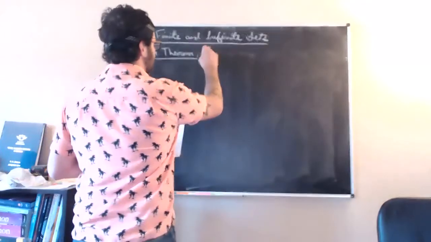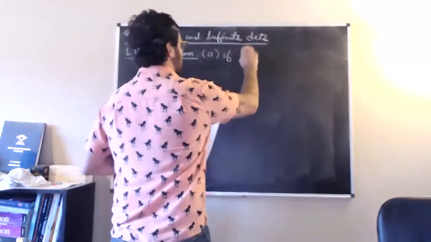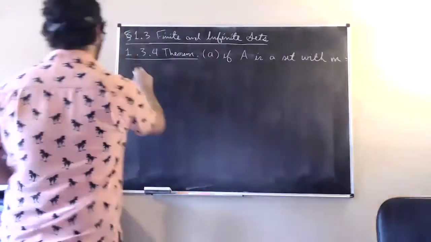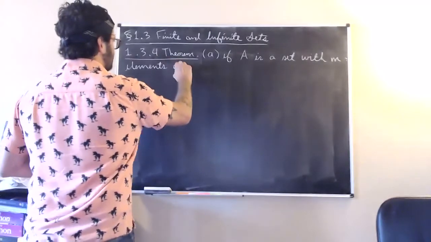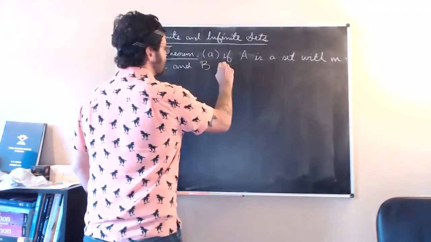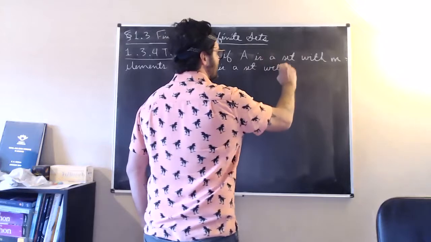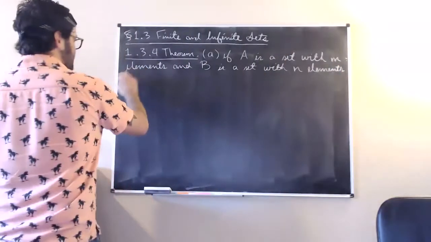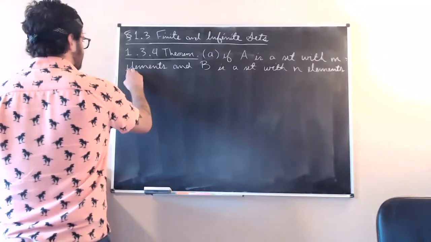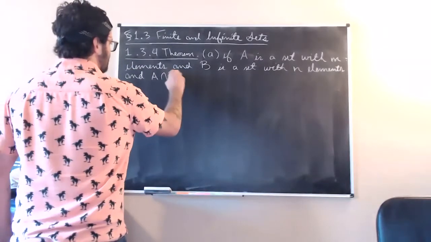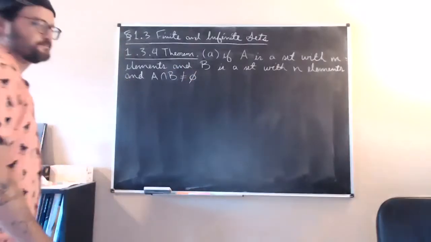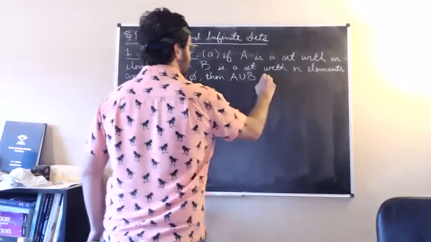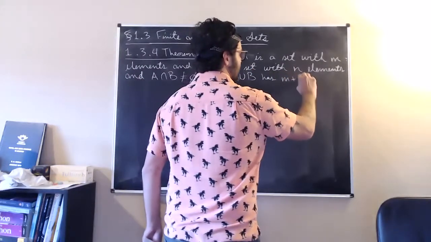So, what does this theorem state? So part A, if A is a set with M elements, and B is a set with N elements, and the intersection of these sets is empty, A intersect B is equal to the empty set, so they're disjoint sets, then A union B has M plus N elements.